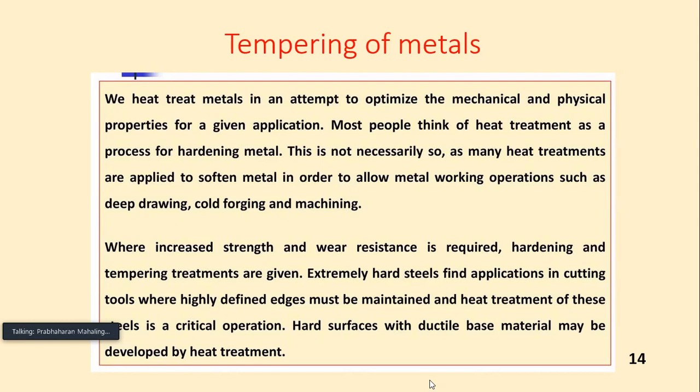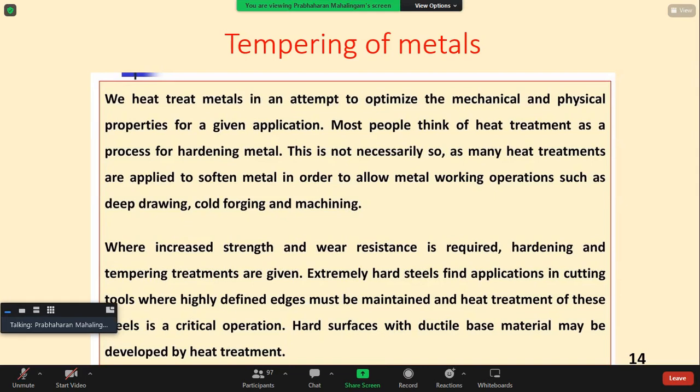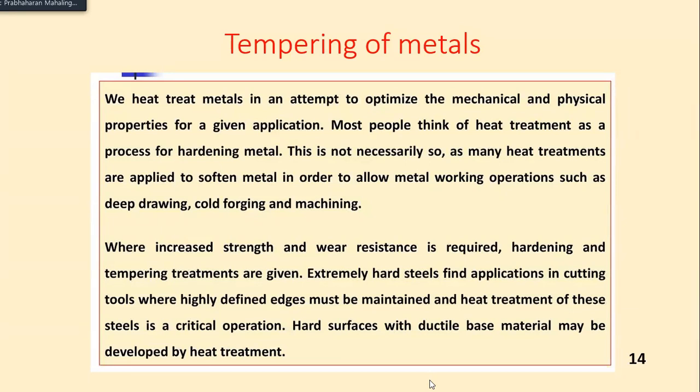We heat treat metal in an attempt to optimize the mechanical and physical properties for a given application. Most people think of heat treatment as a process for hardening metal. That is wrong, because hardening metal is one of the methods. It doesn't cover all methods. Hardening is one method.